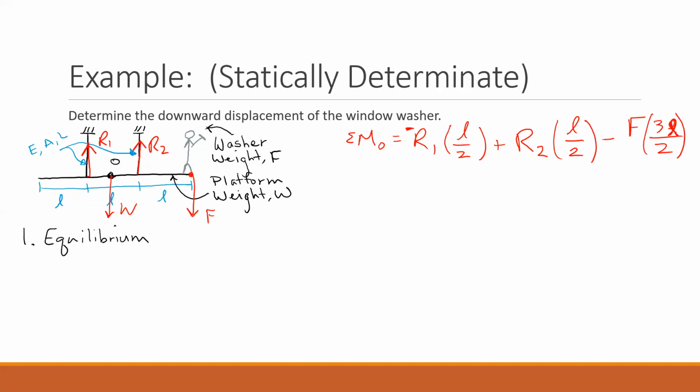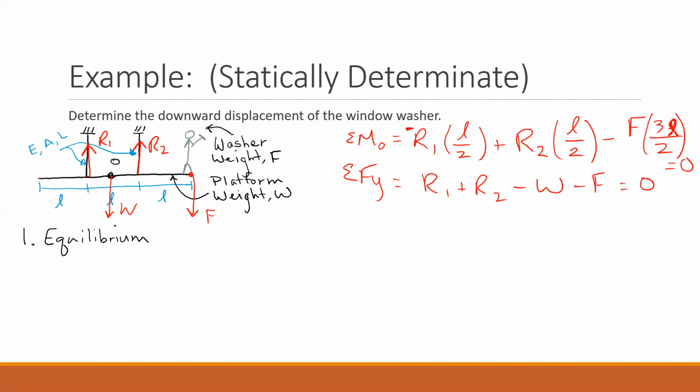well, actually, we can't solve it yet, right? We have one equation, two unknowns, R1 and R2. So we could also look at the sum of the forces in the y direction. And now we have R1 plus R2 minus W minus F equals 0. And I got a little sloppy. That first equation also has to equal 0.